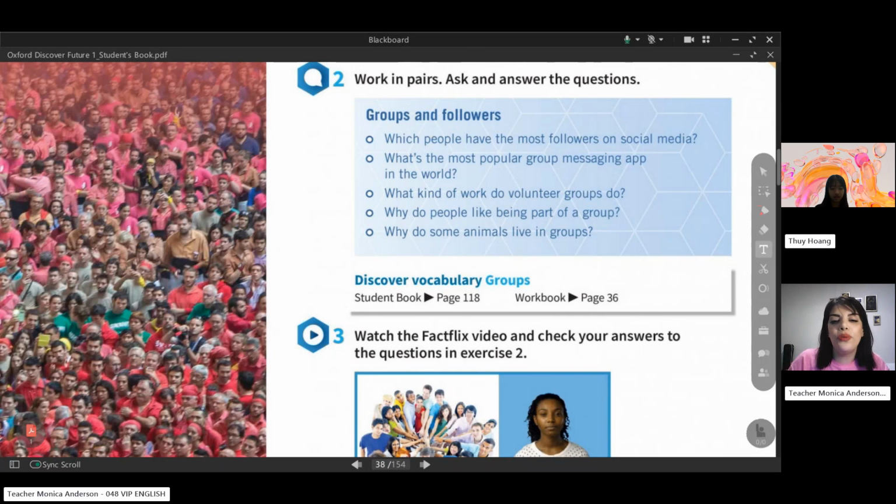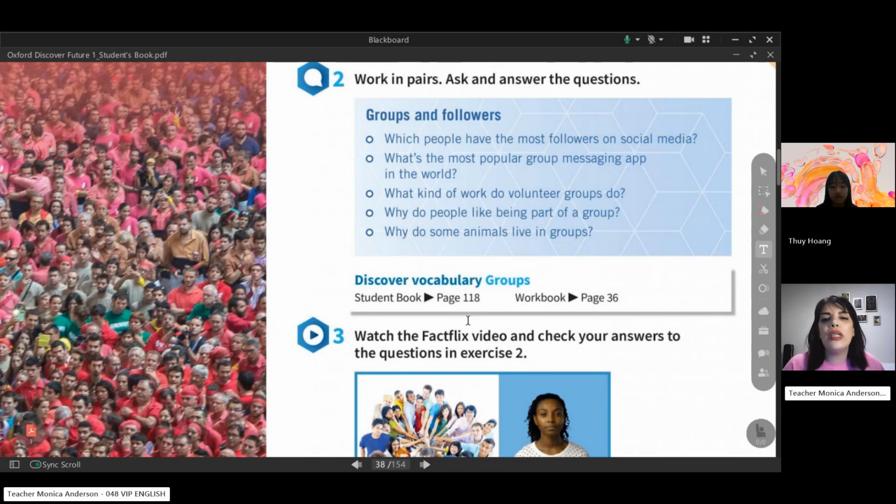Do you know? Do homework? No. They don't do homework. Volunteer groups do something else. So think about it. For example, some people go to the forest, maybe to nature, and do something together.